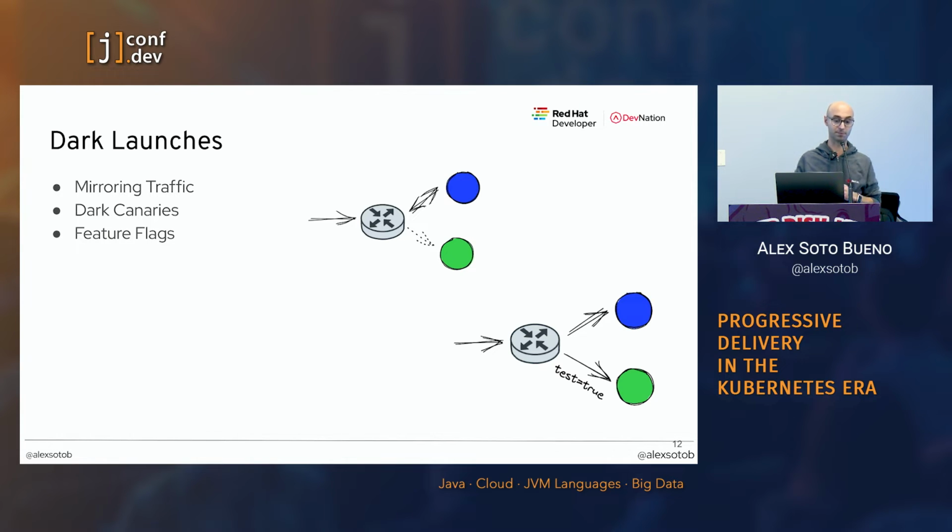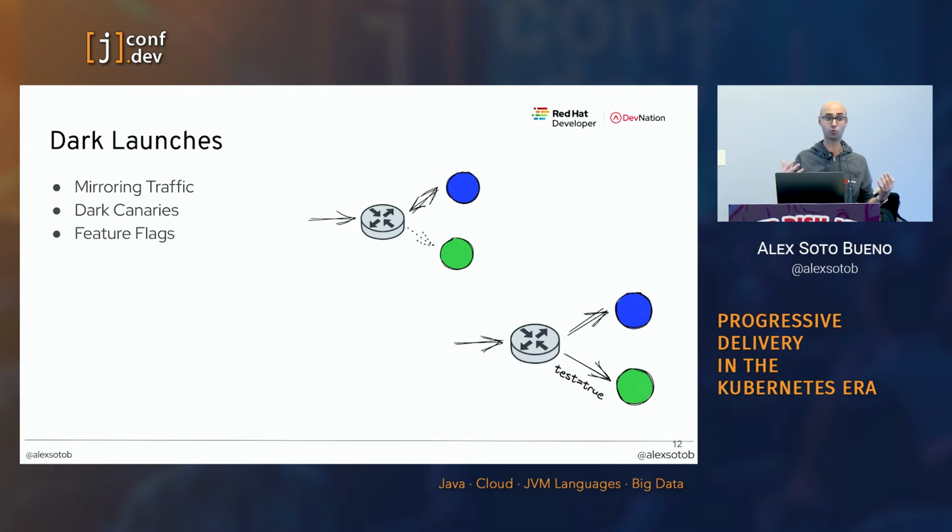Why is this important? Because now I can monitor blue and I can monitor green for the same request. And if I get, for example, a performance regression or a different kind of response, for example, the blue works and the green gets an error code, it means that, okay, it seems that the green one, the new one, is not behaving exactly how I expected.